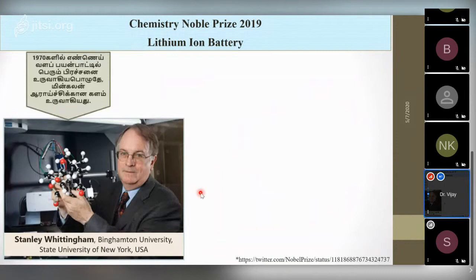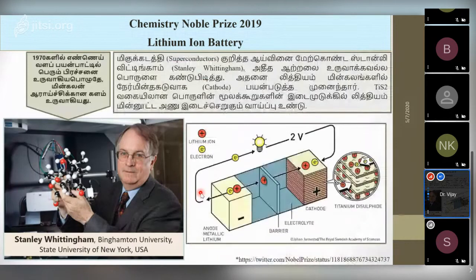With the lithium-ion battery, Stanley Whittingham started with the structure of lithium-ion battery from an anode and cathode. These are the lithium ions which permeate through the separator, through the electrolytes, and he used titanium disulphide as the cathode. It was first achieved with 2 volts.